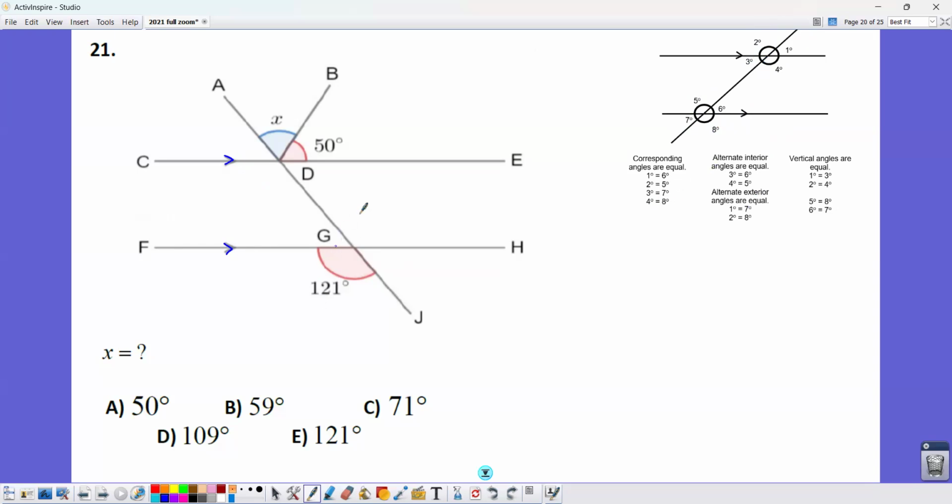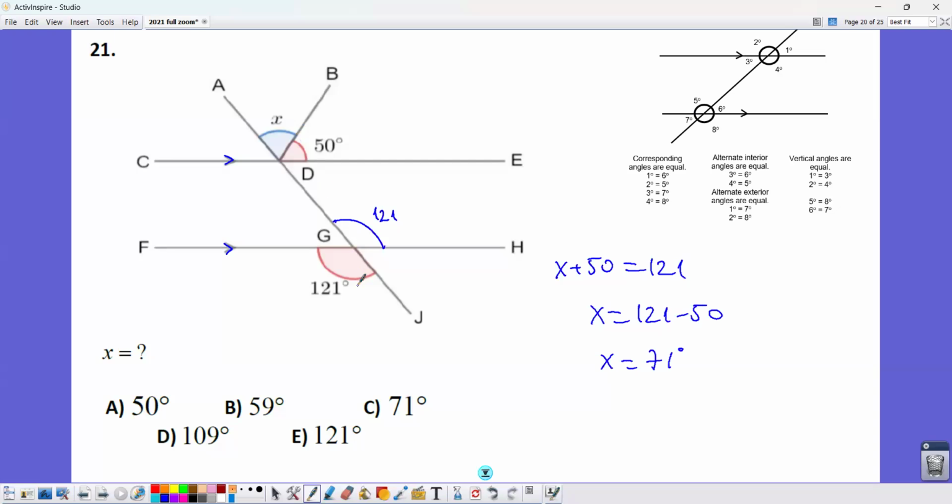So to solve this question, you may have different ways. In the previous lesson I used vertical angles to write here that this one is 121. So now 121 and this angle are corresponding angles, so they have the same measure, which is x plus 50 is equal to 121, and x is equal to 121 minus 50, so x will be 71 degrees.